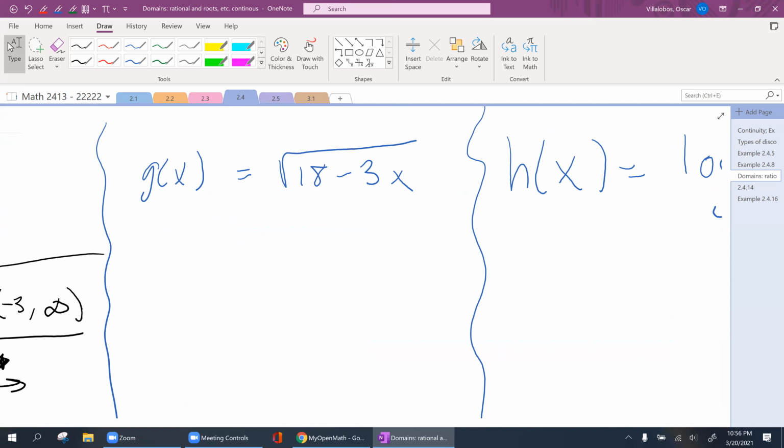The problem arises with the negative. Since we're not able to take the square root of a negative value, you would state that everything on the inside of your square root must be greater than or equal to 0, then solve for your variable.